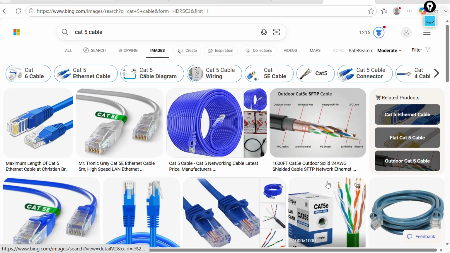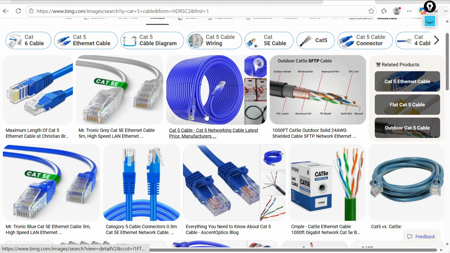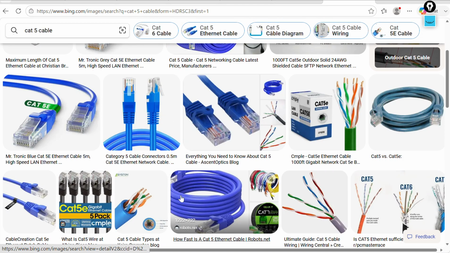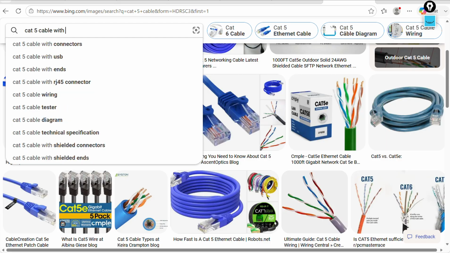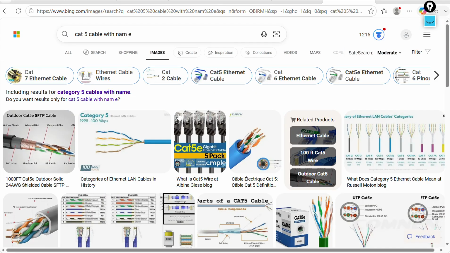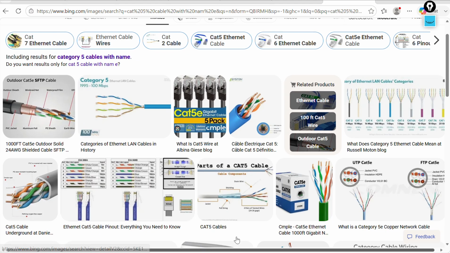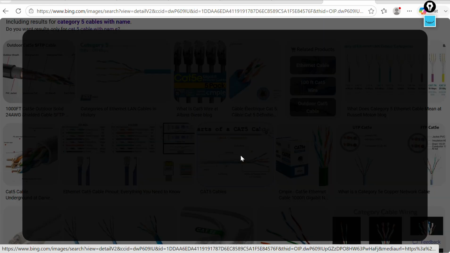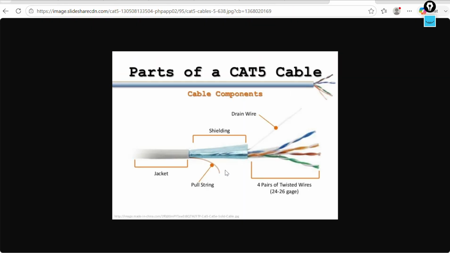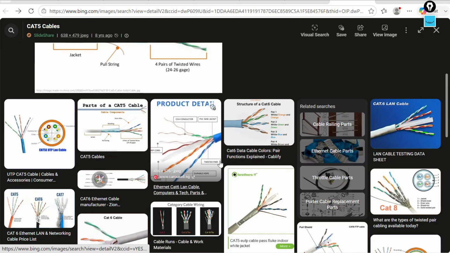On top of cable, we can see whether it is category 4, category 5 or category 6. Okay, we can see and we can easily find out.